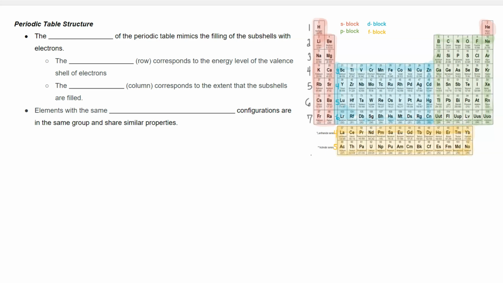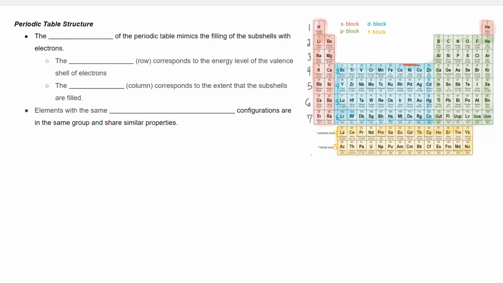So the red is the S block, and then we go over here into the green, and we have the P block. And then in the middle here, our transition metals are called the D block. That may sound familiar because when you colored your periodic table, I said it referred to the D block elements.